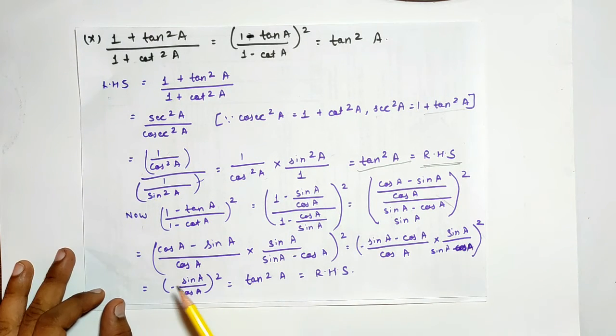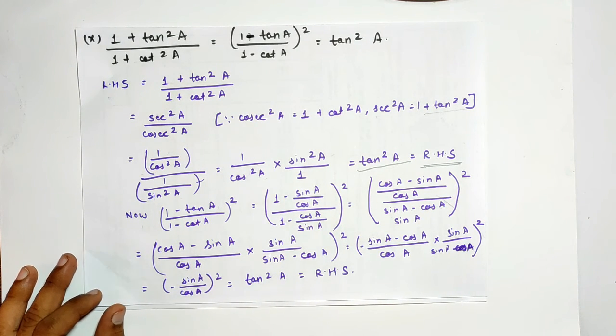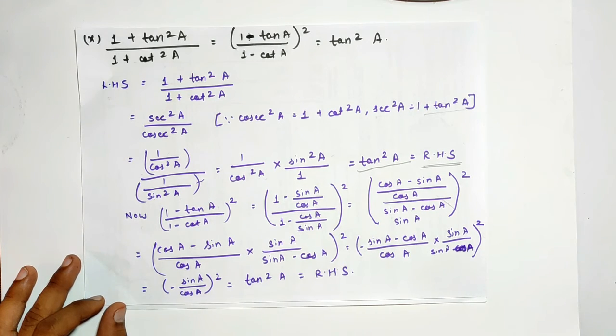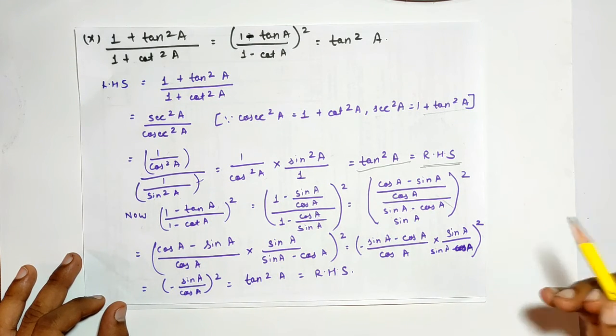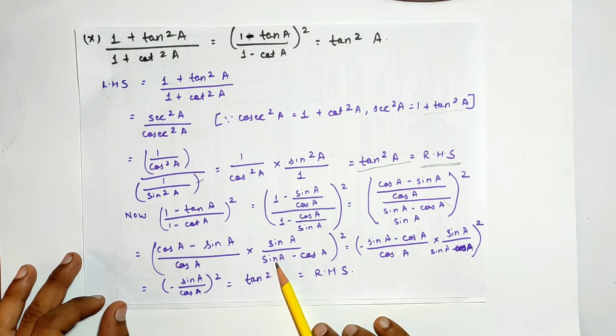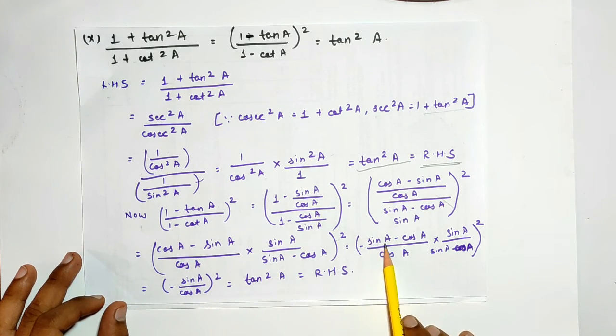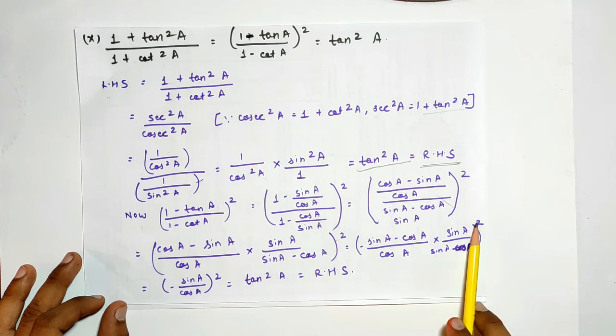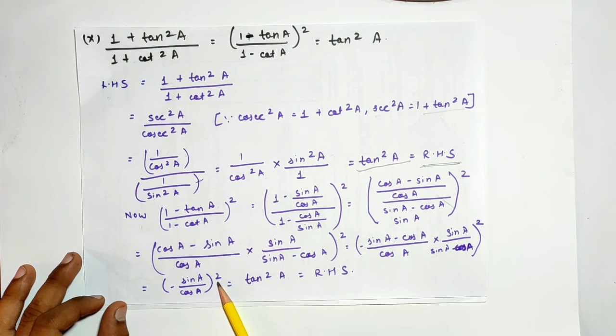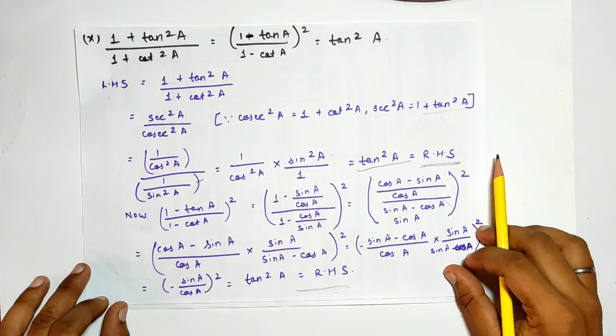After solving this we get (cos A minus sin A) upon cos A into sin A upon (sin A minus cos A), whole square, which is equal to (minus (sin A minus cos A) upon cos A into sin A upon (sin A minus cos A)) square, which is equal to (minus sin A upon cos A) square, which is equal to tan square A, which is RHS. So this is proved.